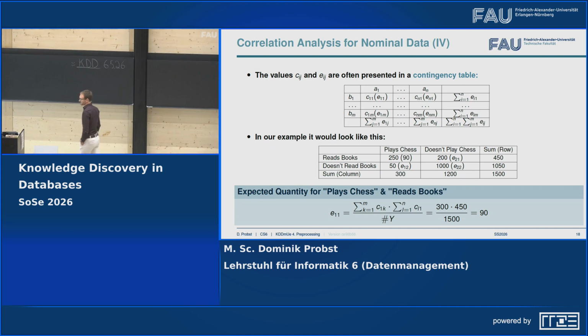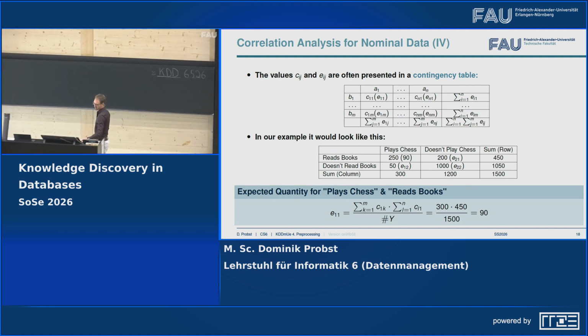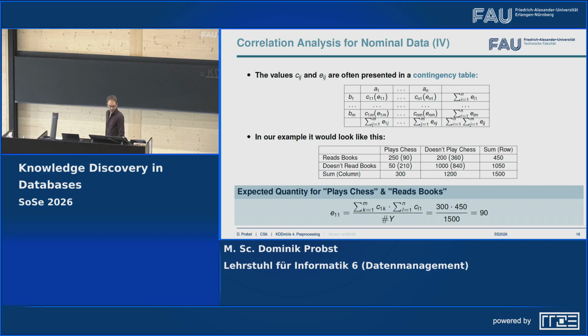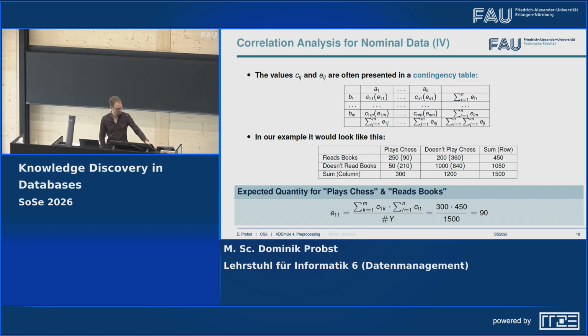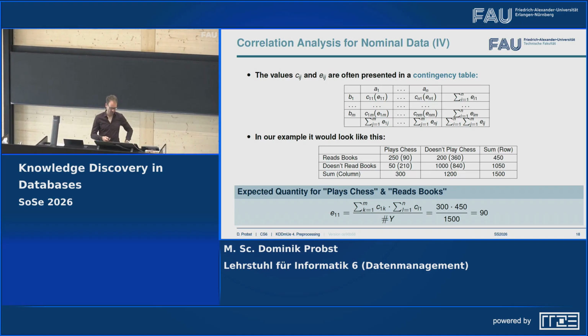We can do that for every other cell in here, and we end up with 210 for 210, we would have computed 300 times 1050 divided through 1500.